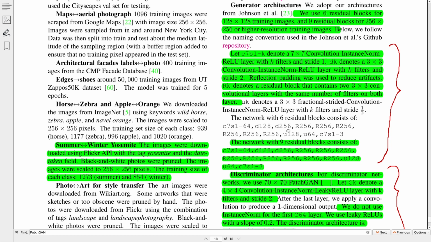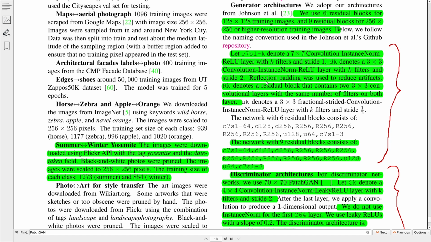And about the D256 or D128, they say that Dk, so this D128 is my Dk here, denotes a 3 by 3 convolution, instance norm and ReLU layer with K filters and stride 2. So this will be my 3 by 3 convolution, instance norm and ReLU layer with 128 filters and stride of 2, and this will be 256 filters with stride of 2.